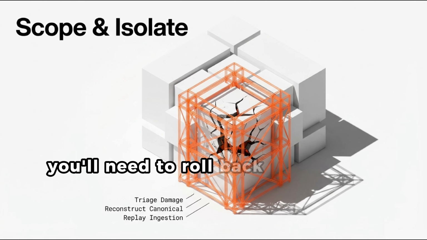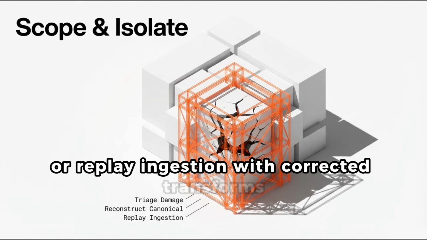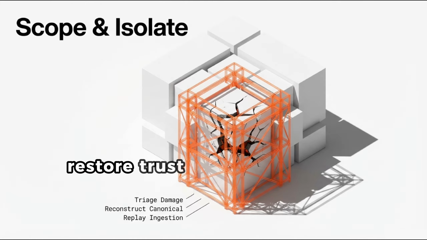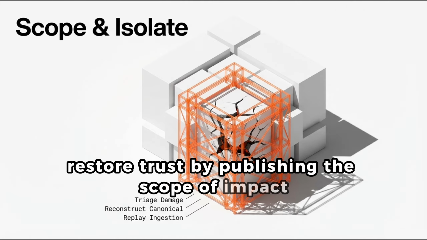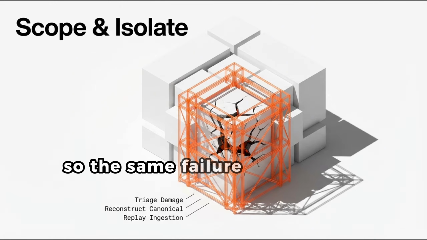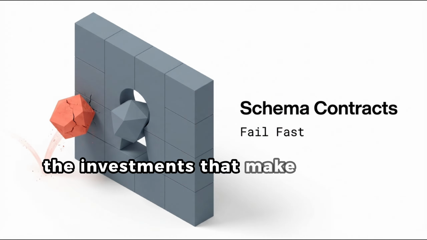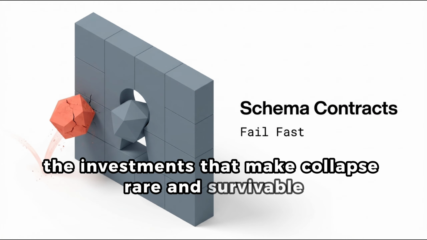Sometimes you'll need to roll back to a known good snapshot or replay ingestion with corrected transforms. Restore trust by publishing the scope of impact, the fixes you applied, and adding tests so the same failure won't creep back in.